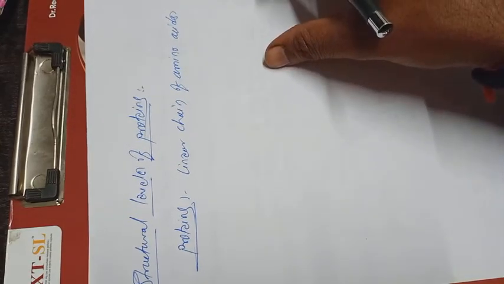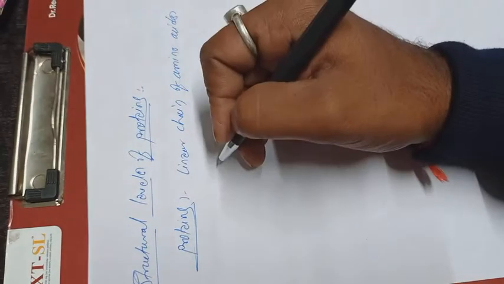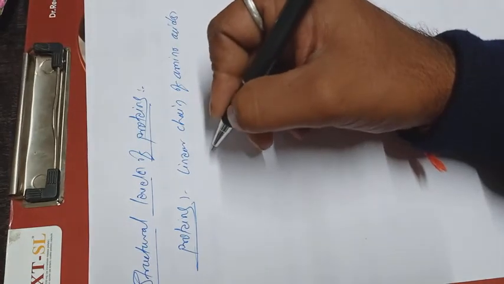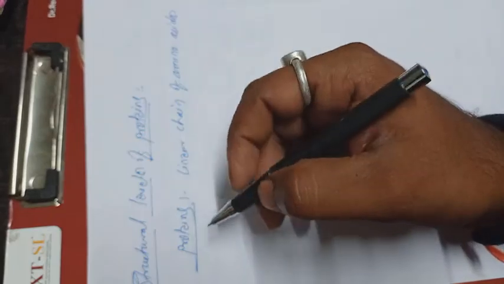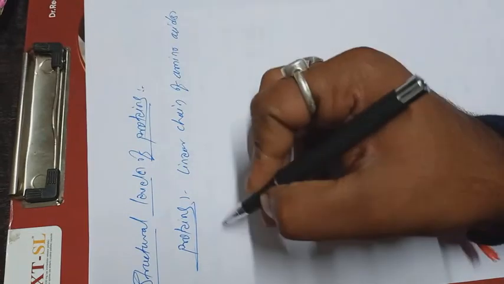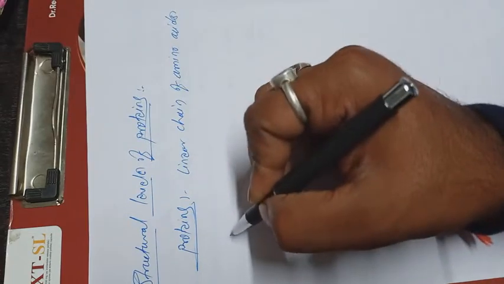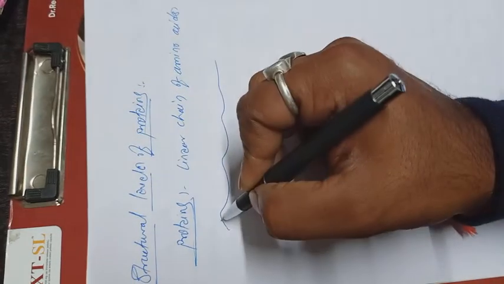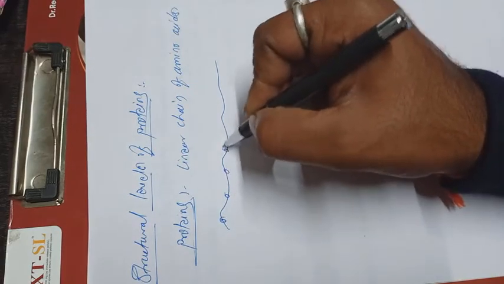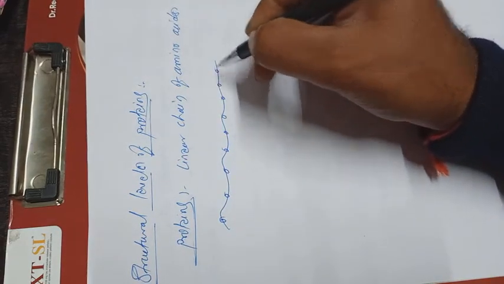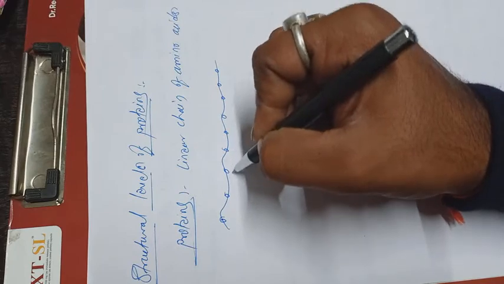These specific amino acids are linked together with the help of peptide bonds. A peptide bond is a covalent bond. The linear chain looks like this: these are the amino acids, and they are linked together.